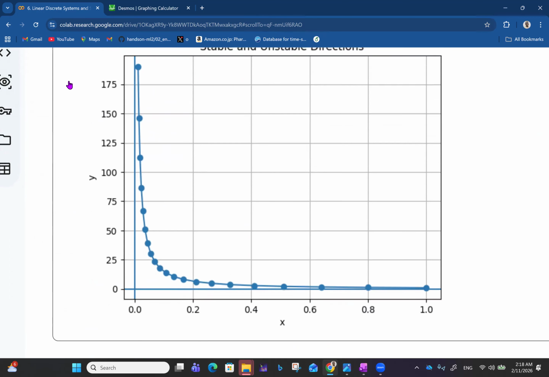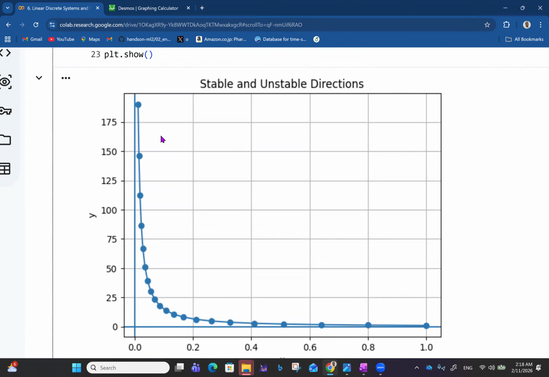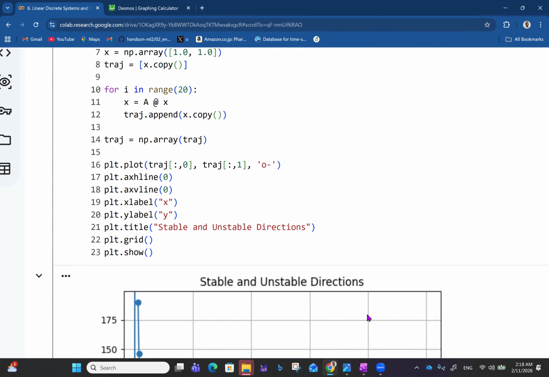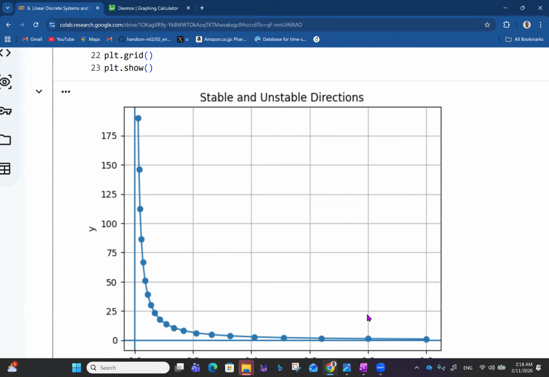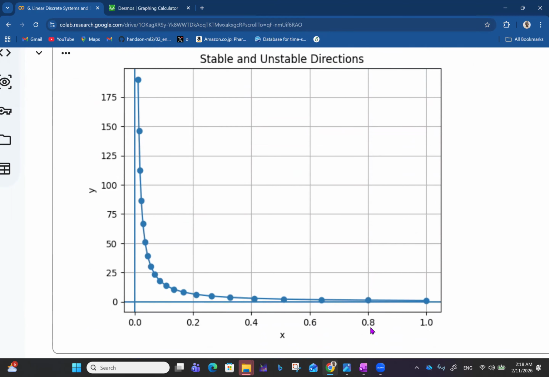You see this trying to go down, and then we have 0.8 and 1.3. This is X and Y. So we have these stable and unstable directions in this particular situation here.